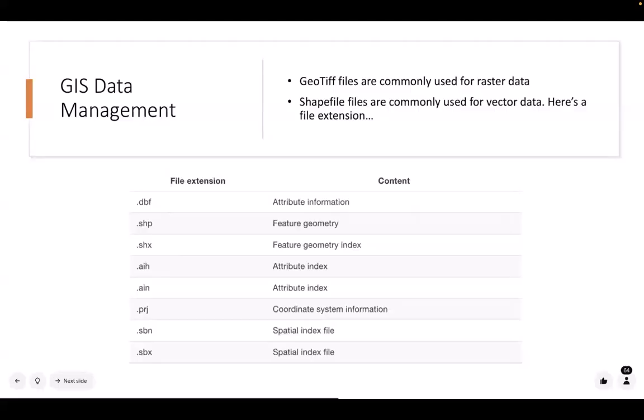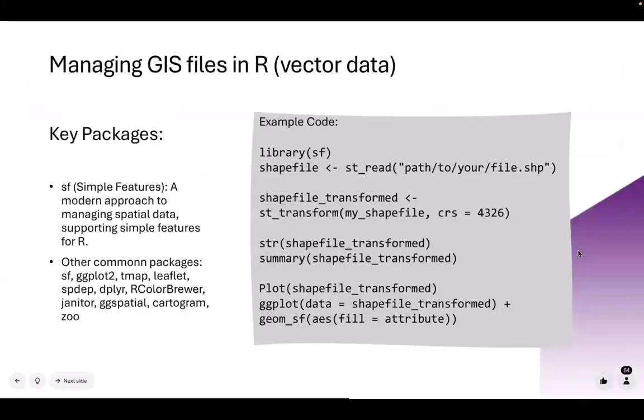So a simple feature is essentially the modern R-friendly way of handling the same vector data that the shapefile stores. And here's how to think about it and link the two. So yes, we use this package called sf, and it's just a modern approach to managing spatial data.